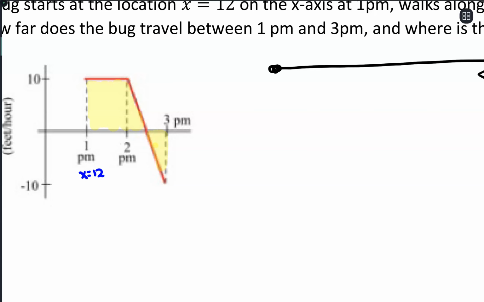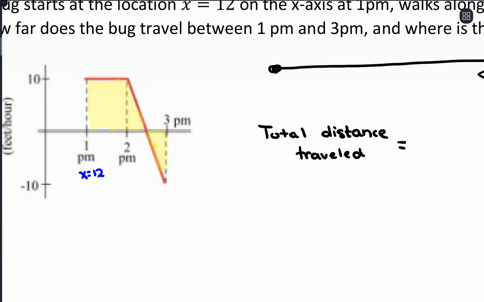But for the sake of this first question of how far in total does the bug travel, with total distance traveled, it doesn't matter if you're going forwards or backwards, you're just going to add it all together. So we're going to treat everything as positive for this piece.